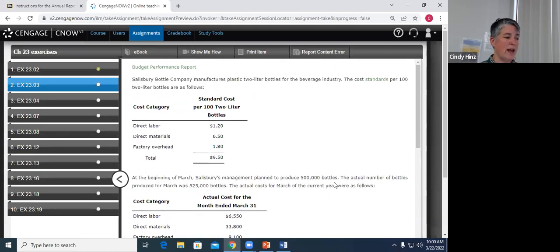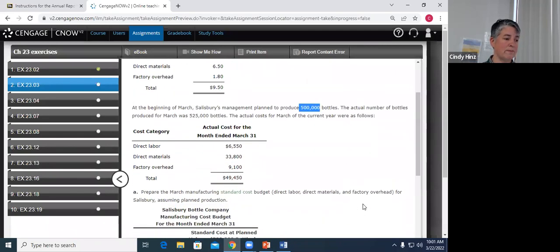So as I already pointed out, the direct labor and direct materials and the variable factory overhead piece should flex with our changing production amounts. The fixed factory overhead, though, if we're correct that it's truly fixed, should remain the same whether we produce 500 or 525,000 bottles.